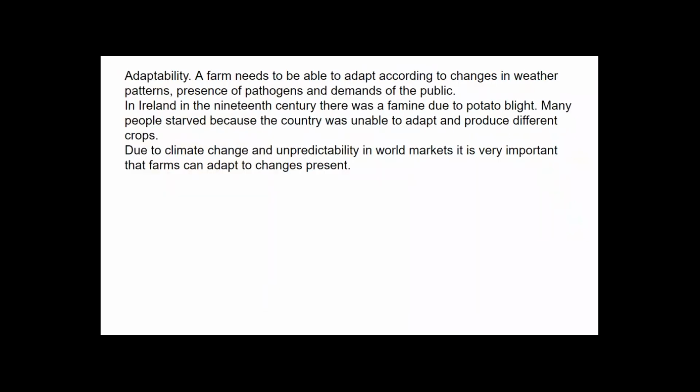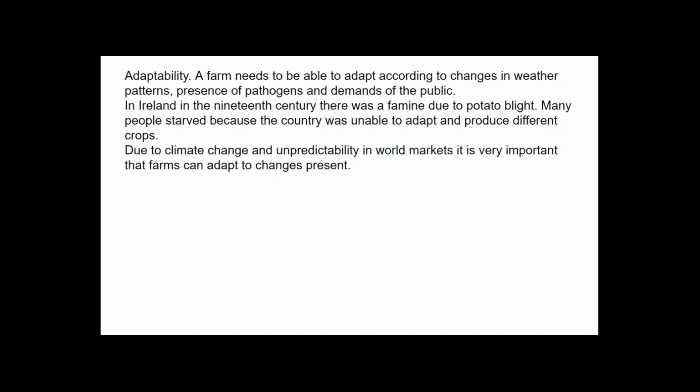And then we have adaptability. A farm needs to adapt according to changes in weather patterns, presence of pathogens, and demands of the public. We mentioned in Ireland in the 19th century there was a famine due to potato blight, and many people starved because the country was unable to adapt and produce different crops.